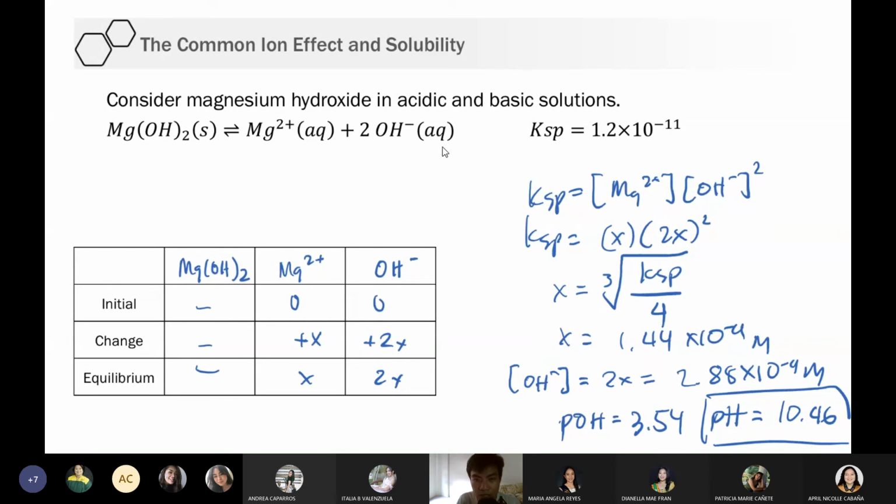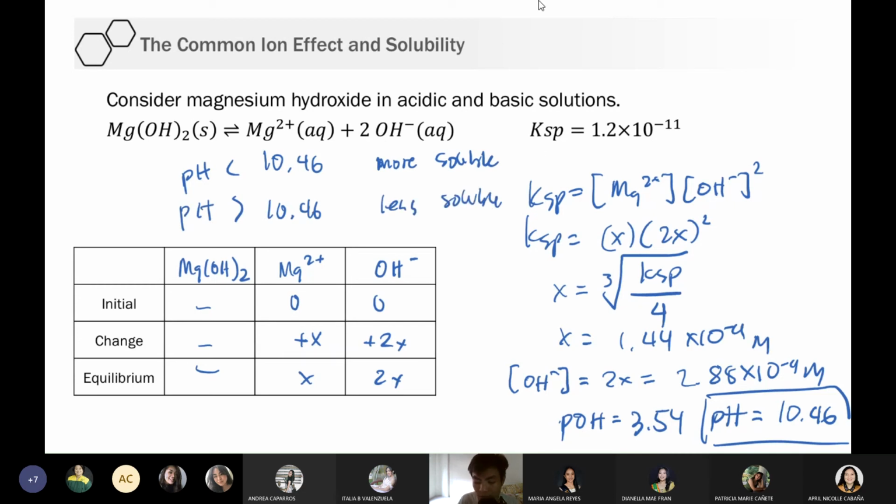Ang tanong, saan siya mas magiging soluble? Anong pH values? So sabi natin, this will be more soluble in pH that is acidic. No? So that means pH less than 10.46, dun siya mas magiging soluble. Pero at pH greater than 10.46, dito siya mas magiging less soluble.